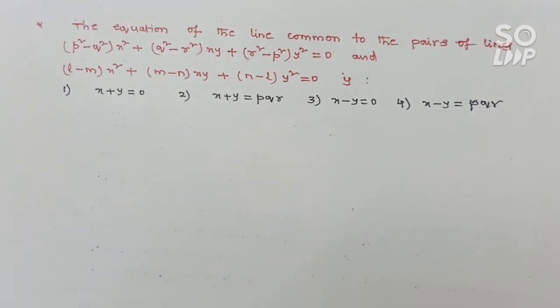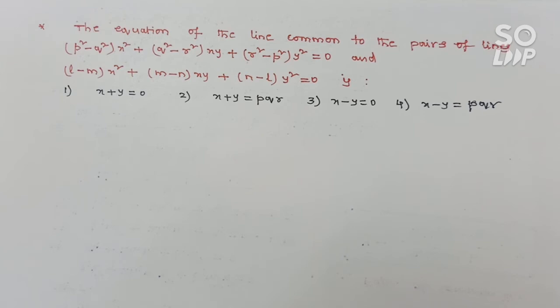Please all of you remember one point: in the given two pairs of equations, if the sum of all the coefficients equals 0, then the common line is y equals x. What is the common line? y equals x.